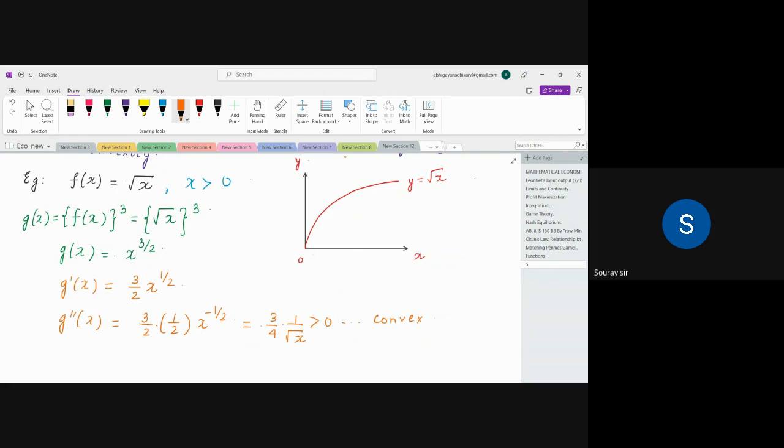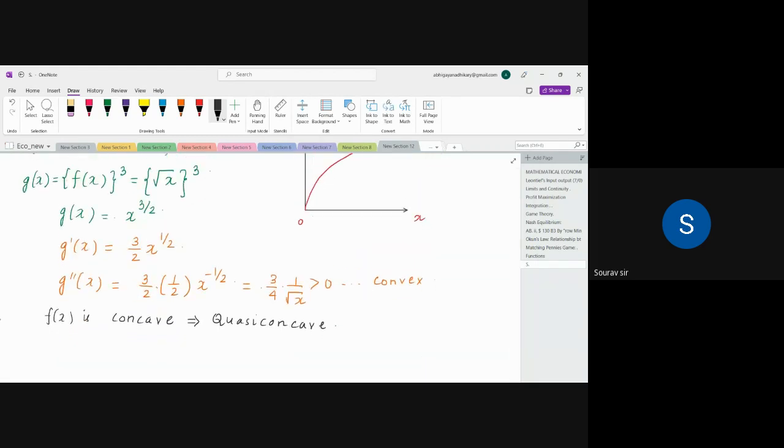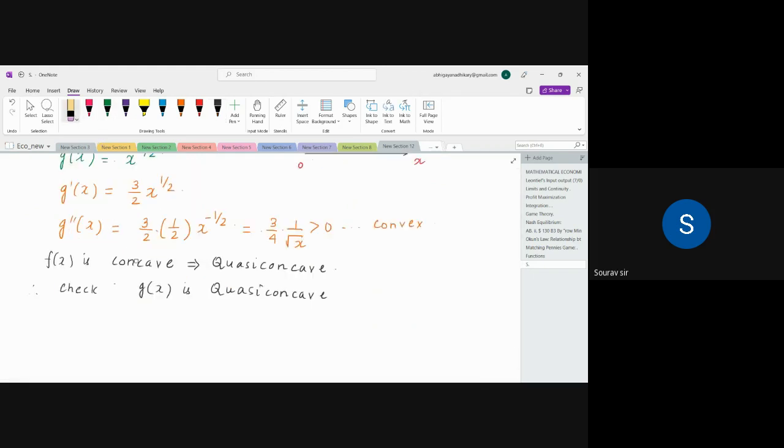But it's not so with quasi-concavity and quasi-convexity. Since f(x) is concave, that implies it is quasi-concave as well, isn't it? So now we can check if g(x) is quasi-concave or not. How can we do this? We'll take 2 points.